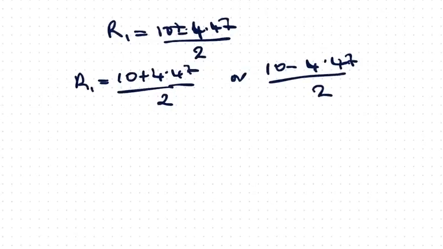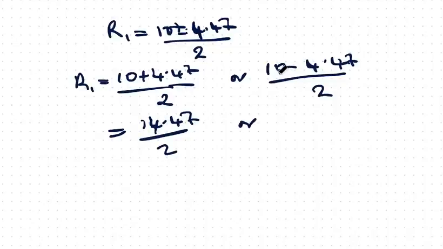This means that 10 plus 4.47 will be 14.47 divided by 2, and 10 minus 4.47 will be 5.53 divided by 2.